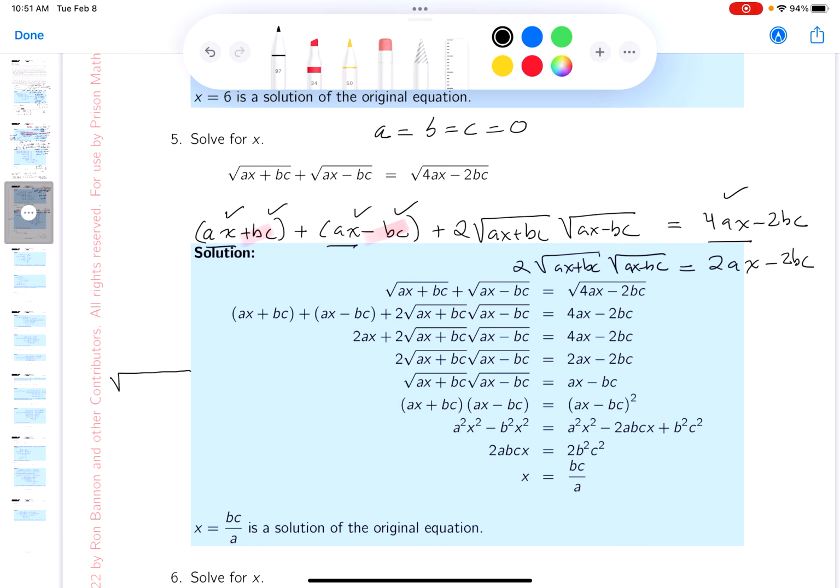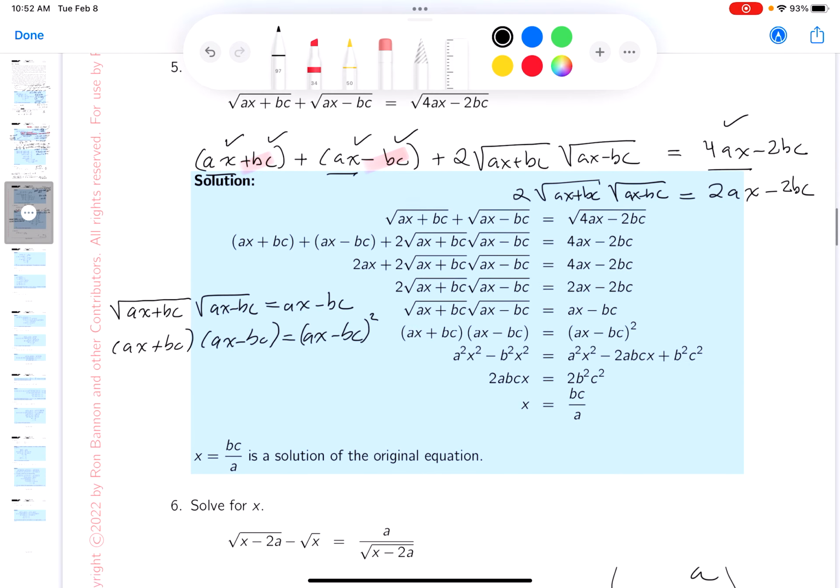And what do you get? Well, you get the root of ax plus bc times the root of ax minus bc equals ax minus bc. I hope I didn't go too fast with that, dividing by 2. Now I'm going to square both sides. And what do you get? ax plus bc times ax minus bc equals ax minus bc quantity squared.